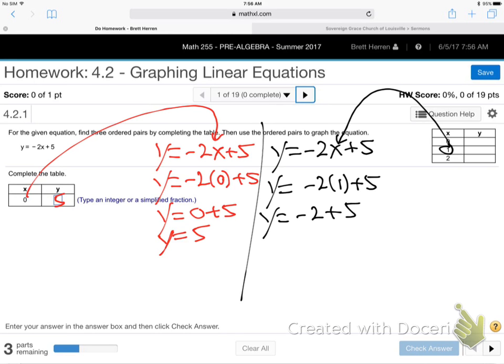That is 3. So that's the point 1, 3. I could write it over here. The other one we got was 0, 5. We good so far? Is that all making sense?